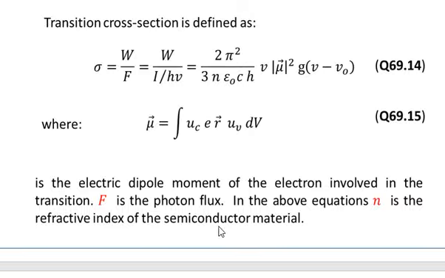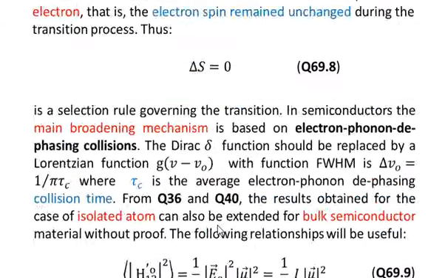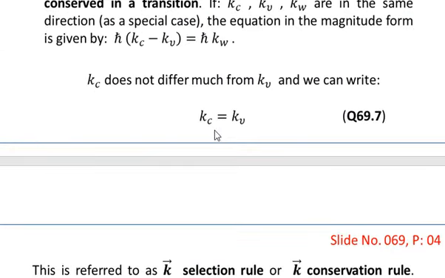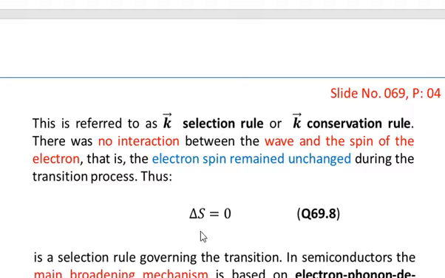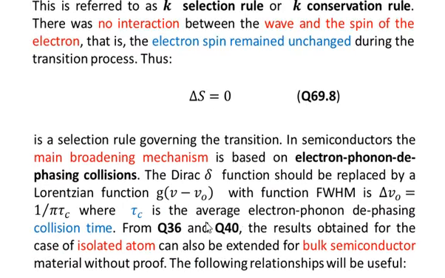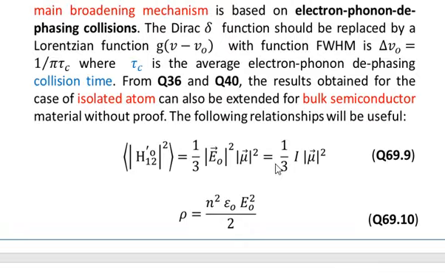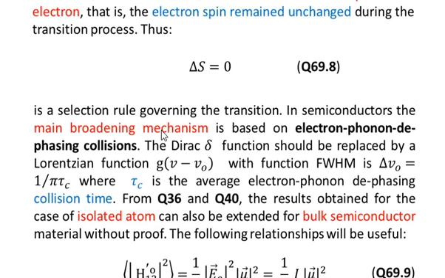So you see that we have mentioned the two rules. We have mentioned the K rule for the transition. We have mentioned the delta S rule for the transition in the semiconductor material, and we have assumed that the bulk semiconductor can be treated as that of a single isolated atom, and the broadening mechanism can be treated as homogeneous line broadening.